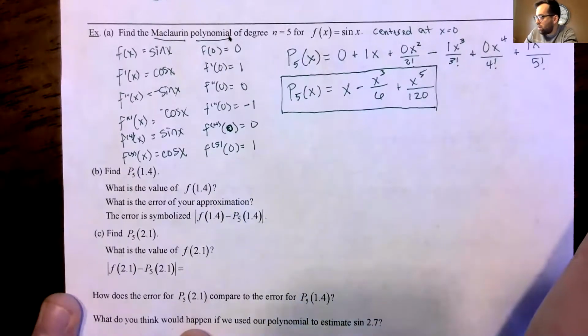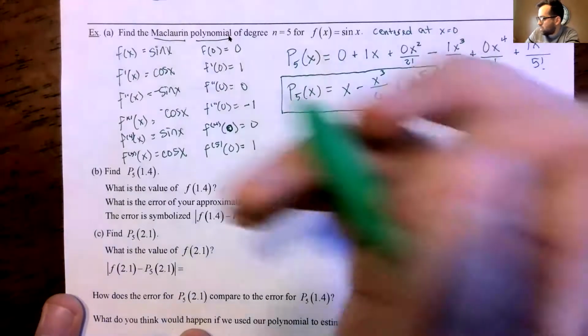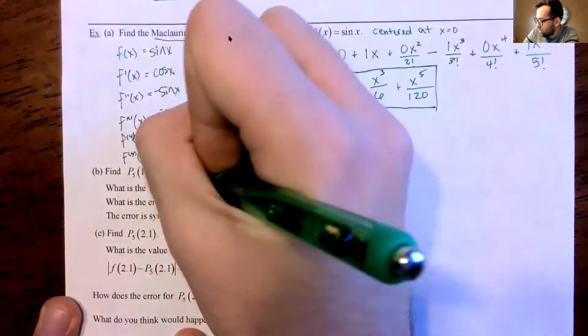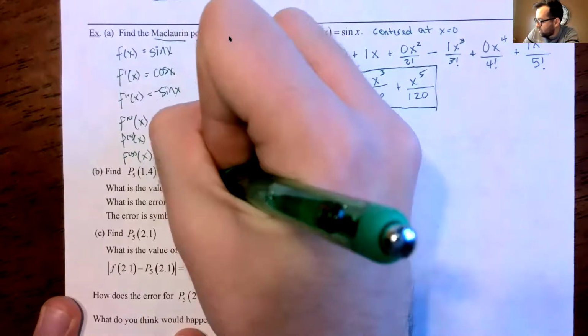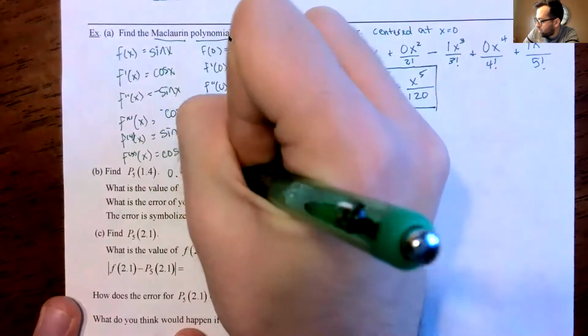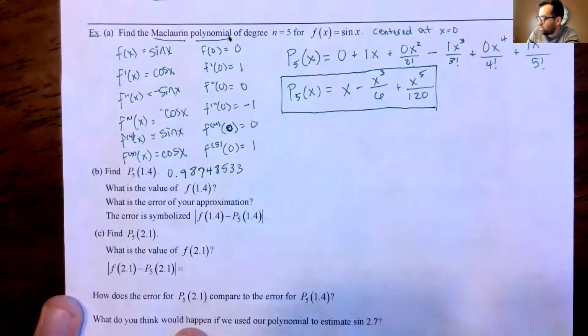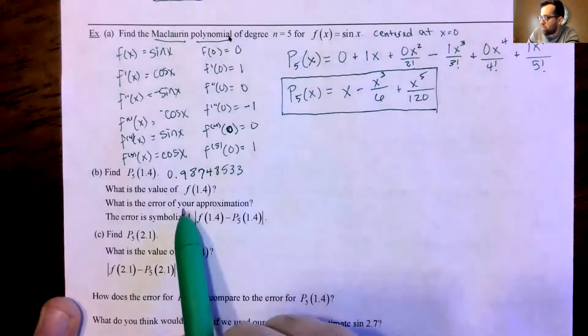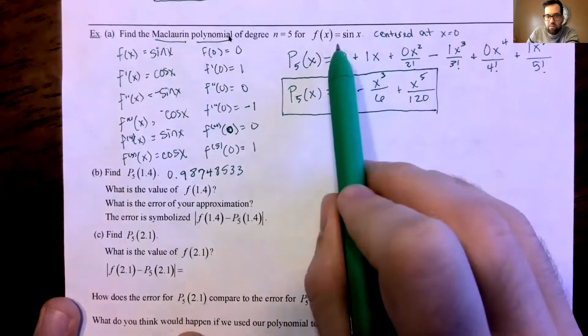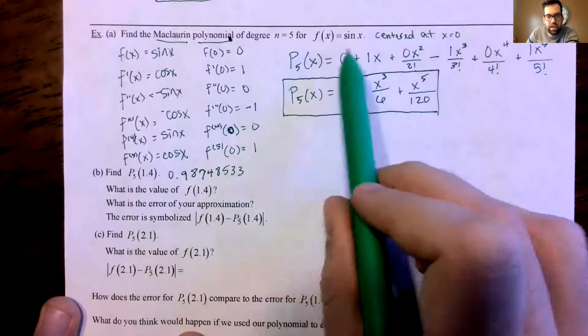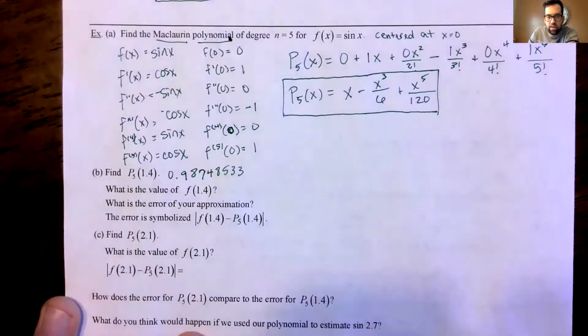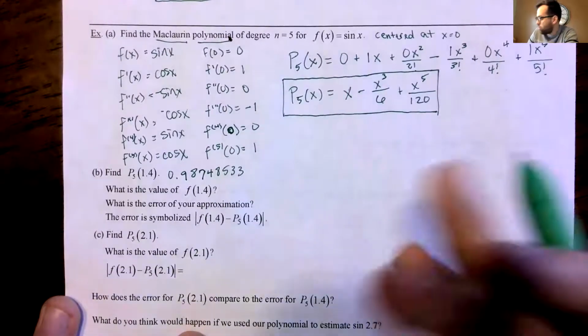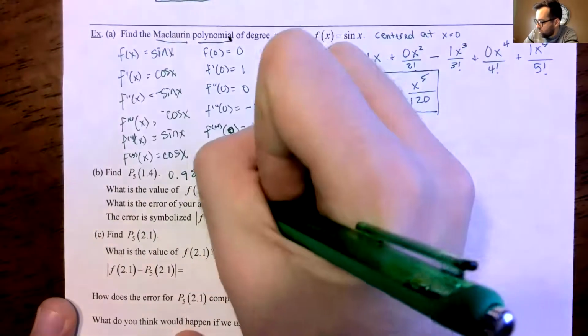So our approximation would be 0.9874853. The actual value of f of 1.4 is going to come from sine of x. So if we plug in sine of 1.4, remember that's the actual value.